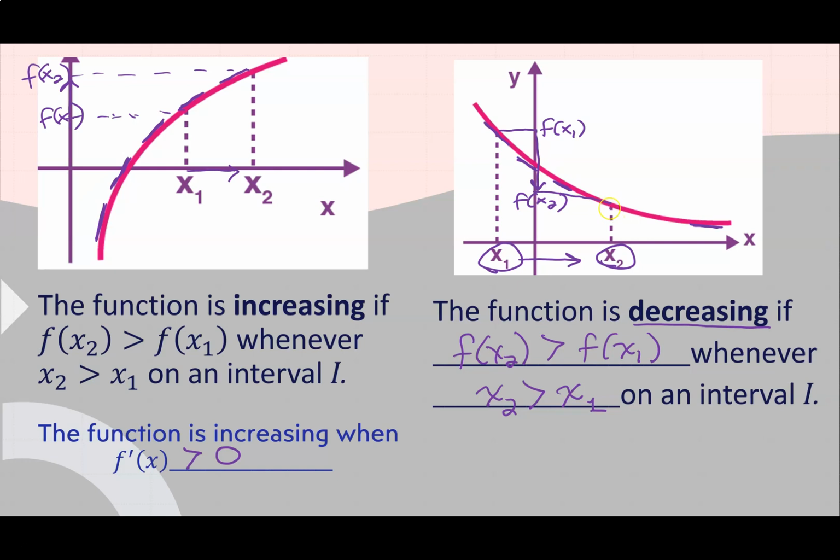So the slopes are of negative value. That means that the function is decreasing when the derivative is less than 0. So that is what the first derivative tells you: the interval on which your function is increasing or the interval on which your function is decreasing.